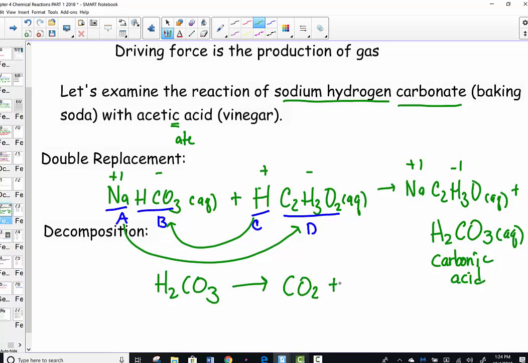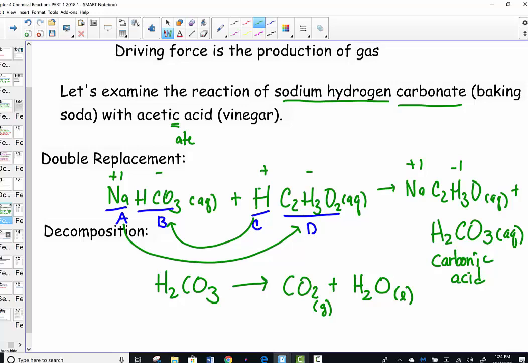And if you remove a CO2 from H2CO3, what's left? Water. Carbon dioxide comes bubbling out as a gas, and liquid water remains.